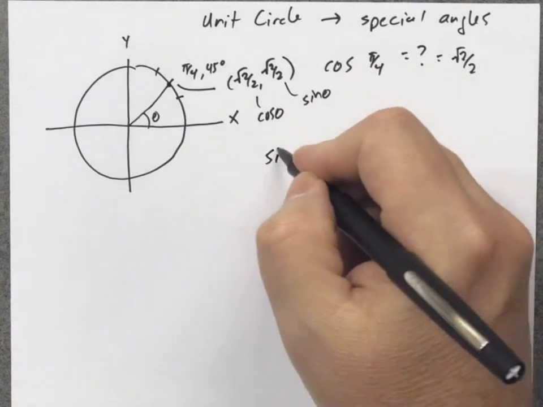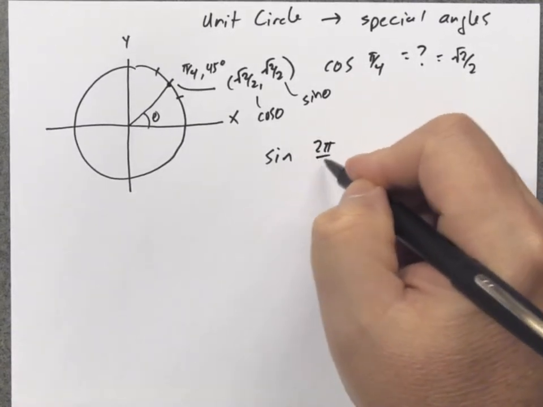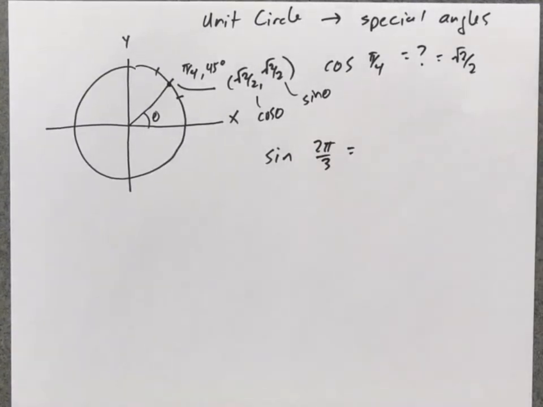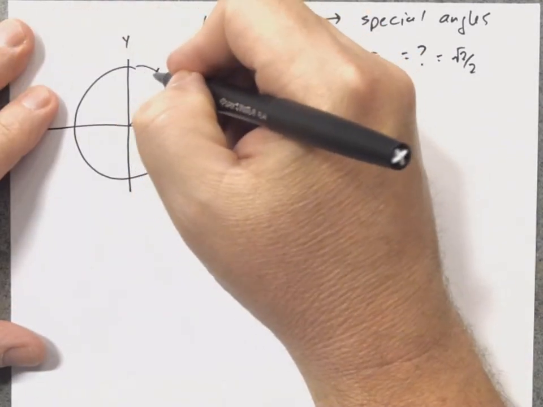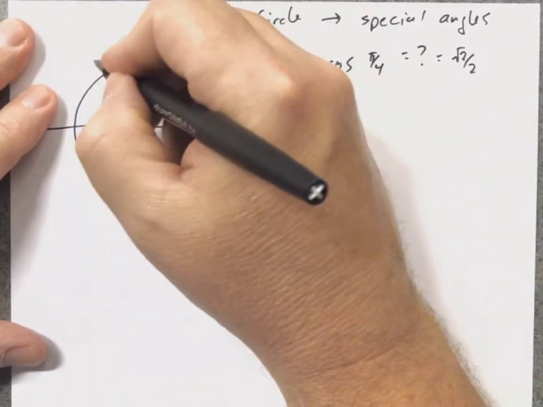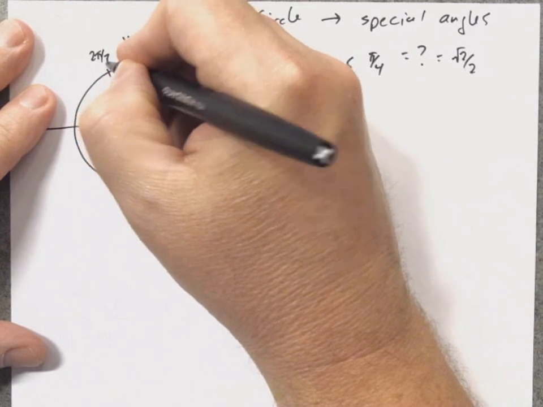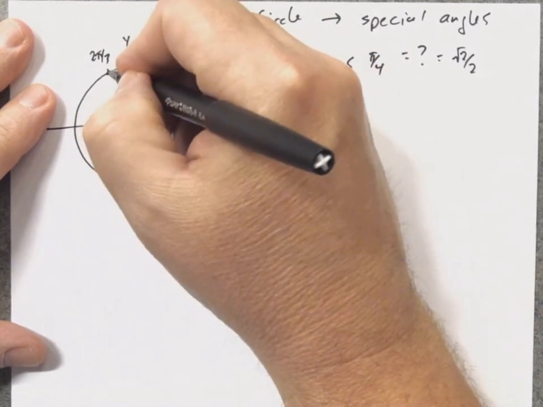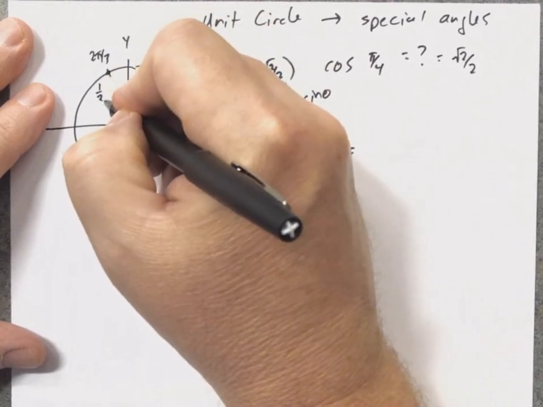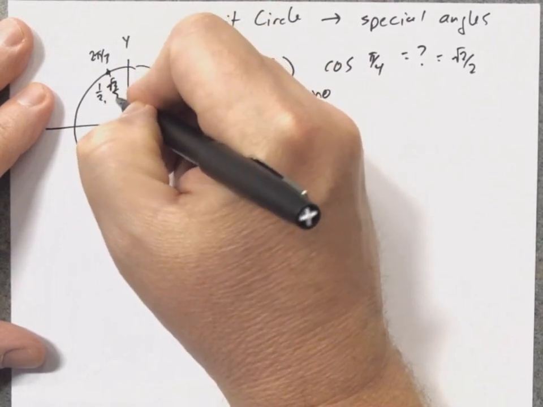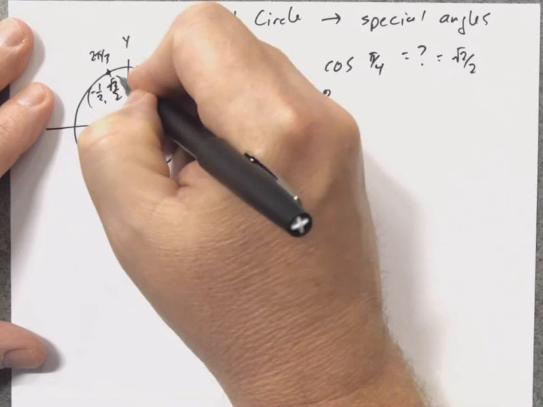How about sine of 2 pi over 3? I first have to go find the 2 pi over 3 angle on my unit circle. 2 pi over 3 is right here. Then you have to know the coordinates of that point. X is 1/2, actually negative 1/2.